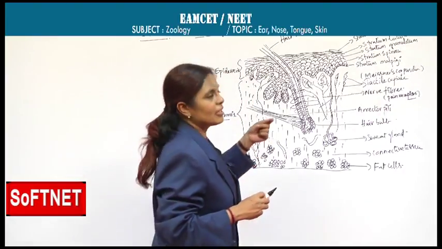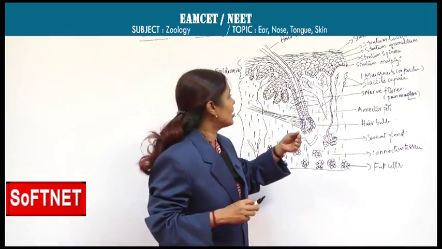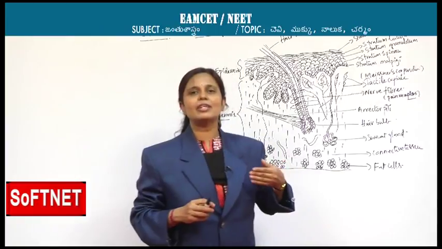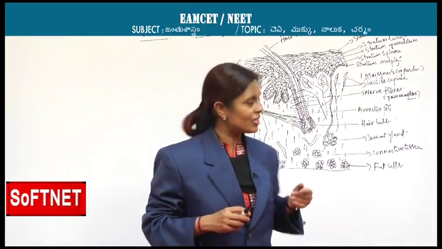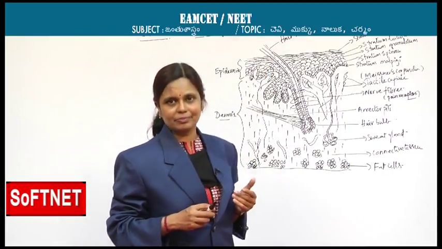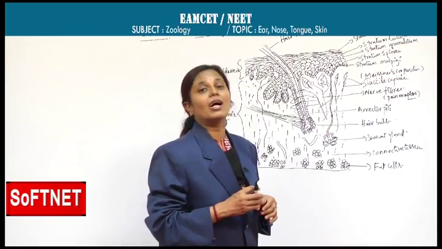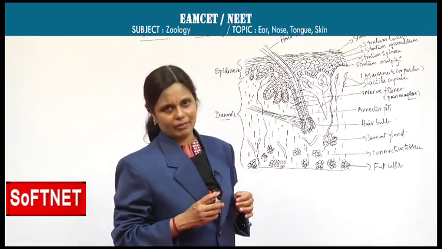Why do you call it germinativum? Because the cells of this layer continuously undergo mitotic divisions and give rise to the upper layers of cells. So you call this malpighi, otherwise germinativum.